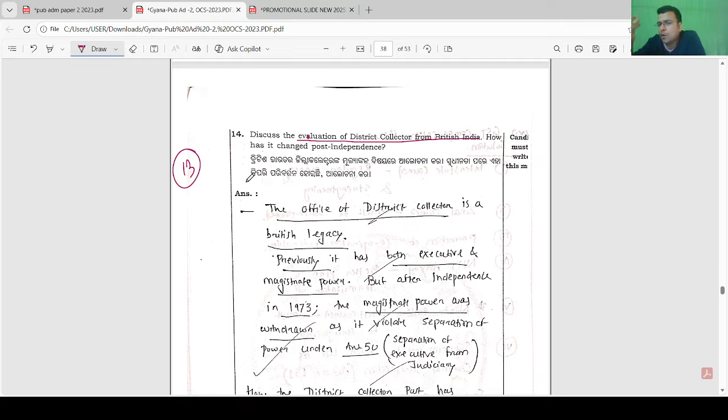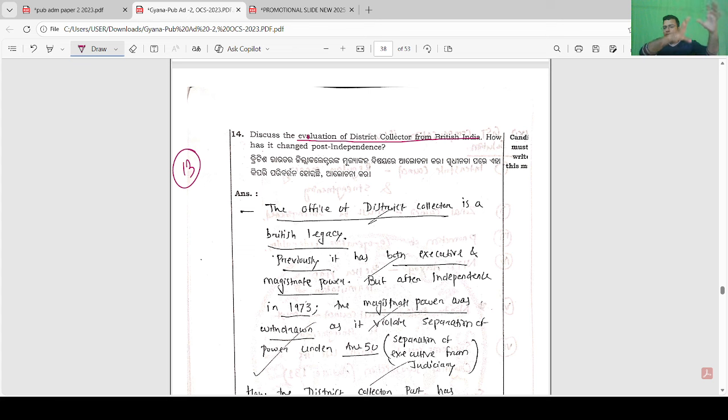Later the district collector was given more powers: maintenance of law and order, judiciary power. But what was the aim? The aim was the collection of revenue. So you should start with that.